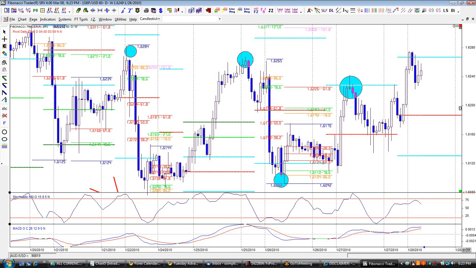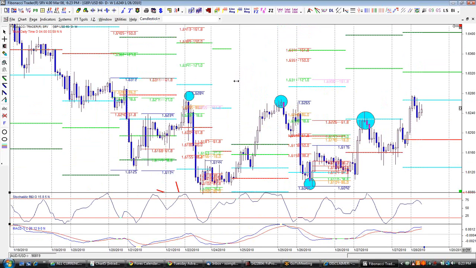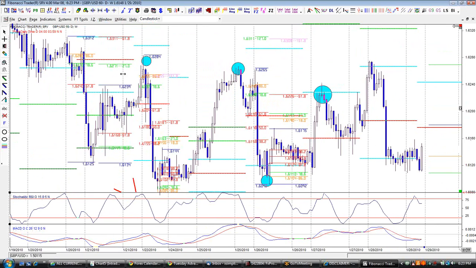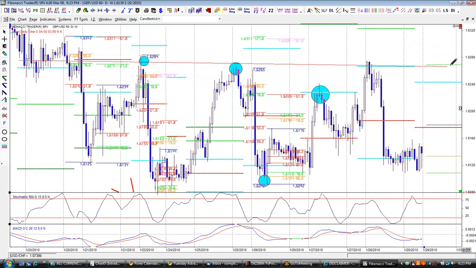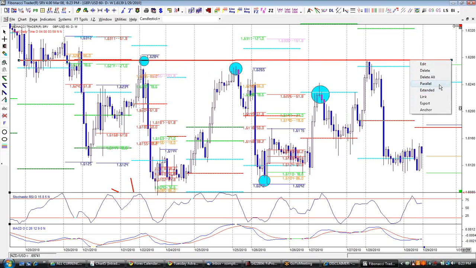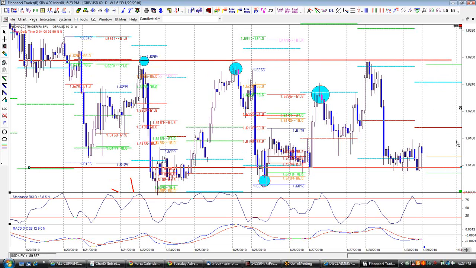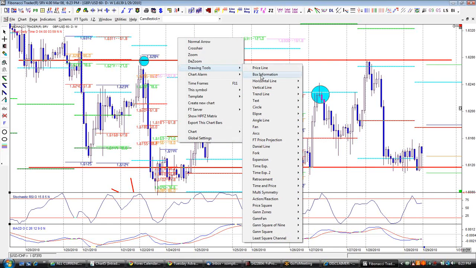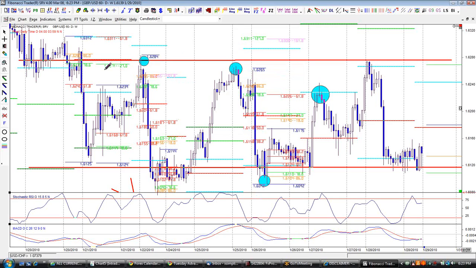I want to show you how often you can actually find patterns. Now this is a nice consolidation. Let's see how many pips we got here. And it's been going for 1, 2, 3, almost a week. Almost a week, 160 pip range. Very, very nice.